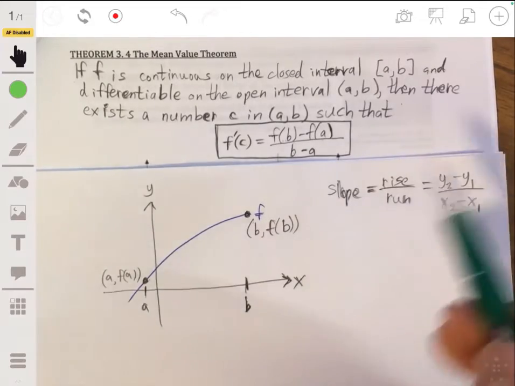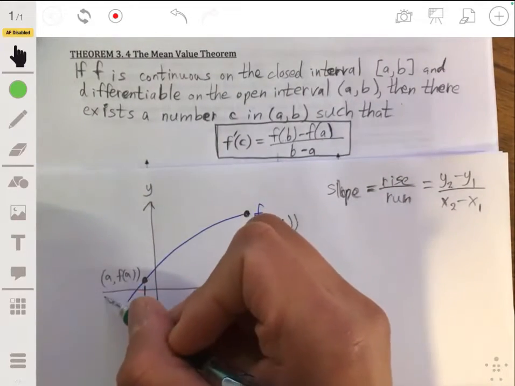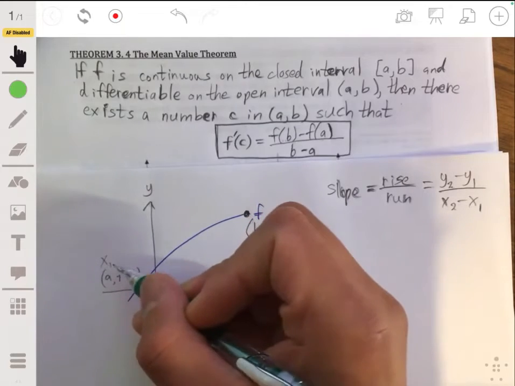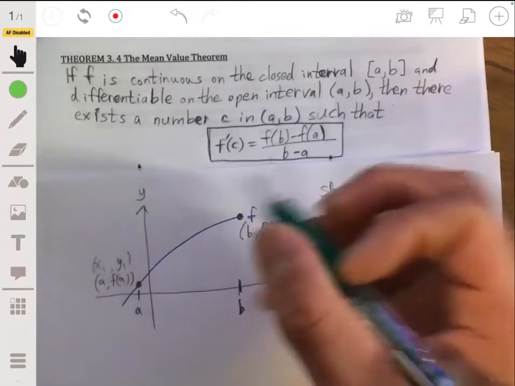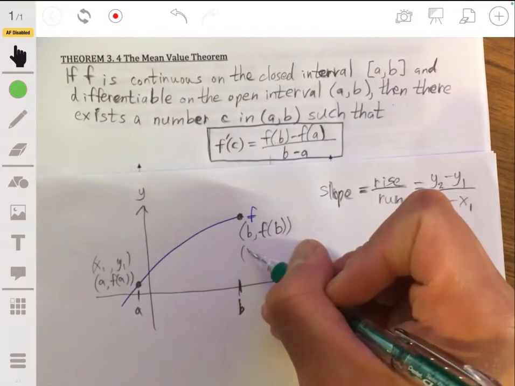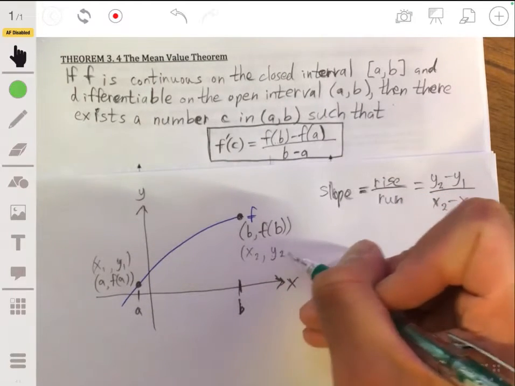Remember? And what do you know? Just think of a as your x1 and think of f(a) as your y1. And think of b as your x2 and think of f(b) as your y2.